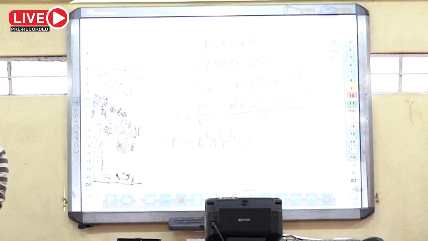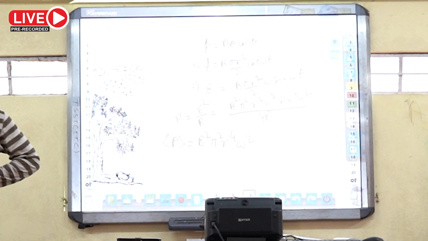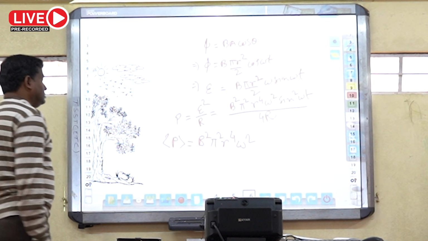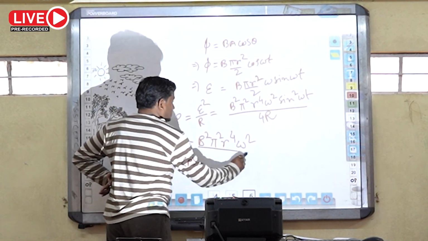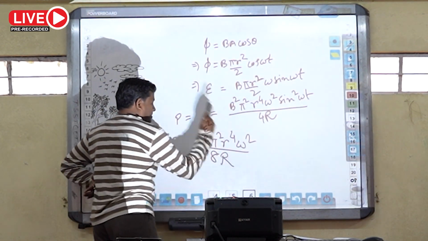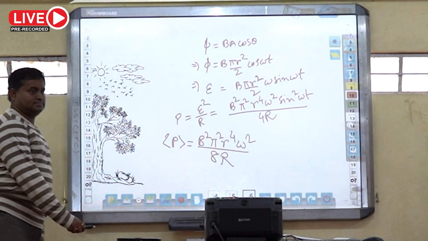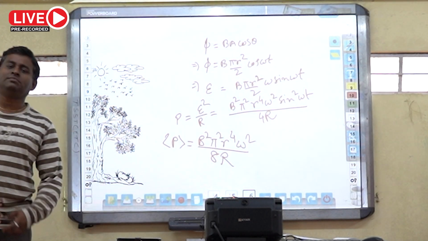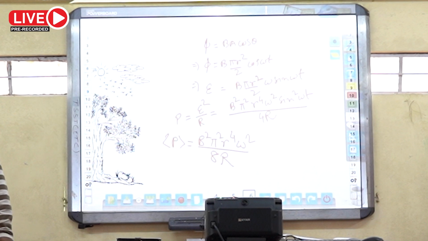The same calculation comes in case of the RMS current. So it will be 8R. Because whenever you have the function sin square theta or cos square theta, its average value over a complete cycle is half. That's why their sum will be 1.